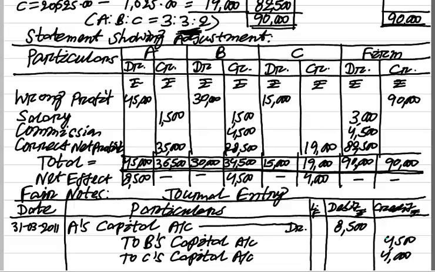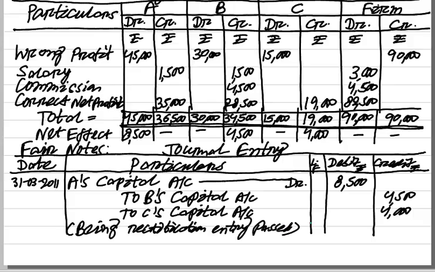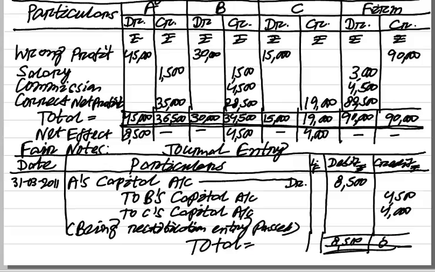Being correct profit and wrong profit rectified; being rectification entry passed. Then total the journals: 8,500 and 8,500.